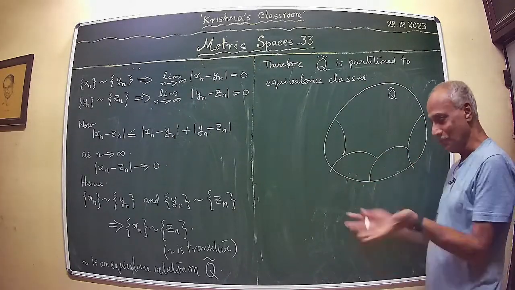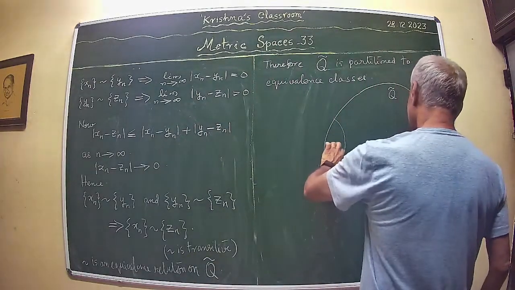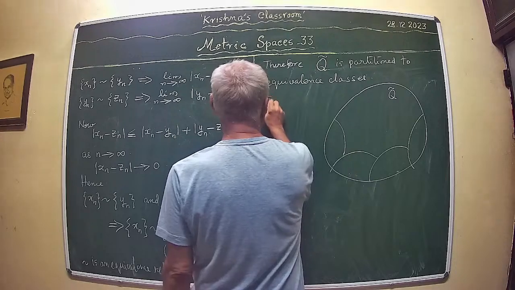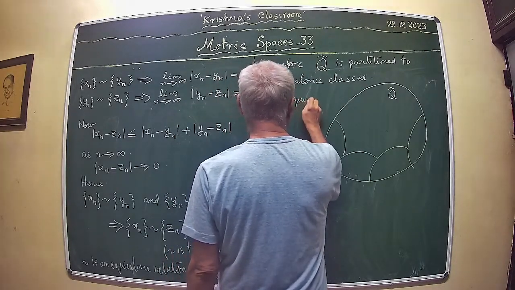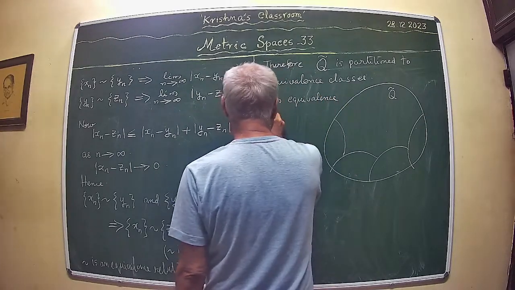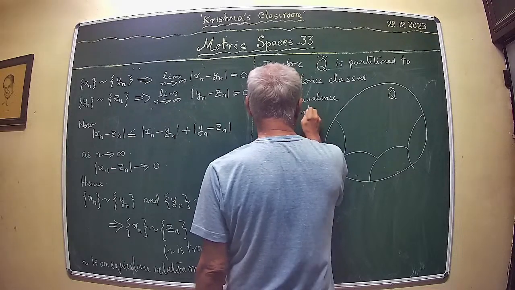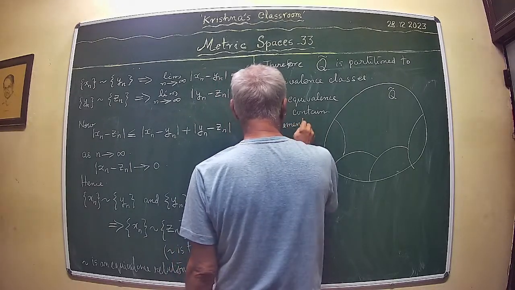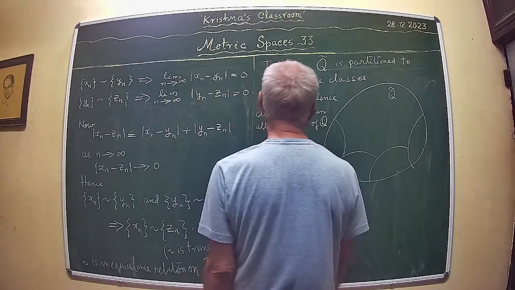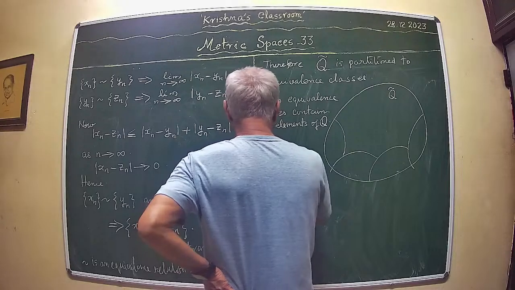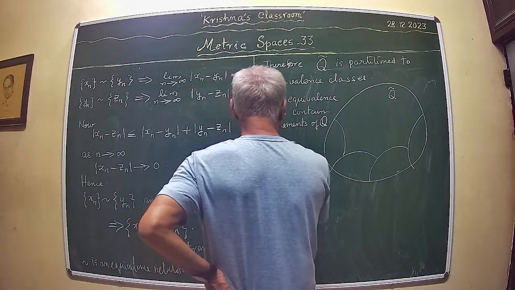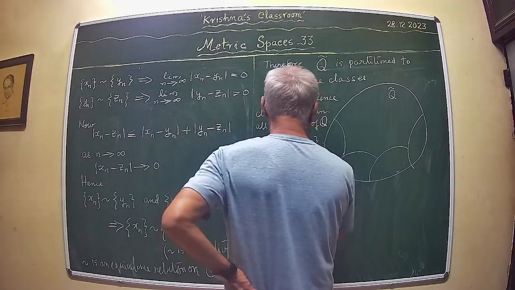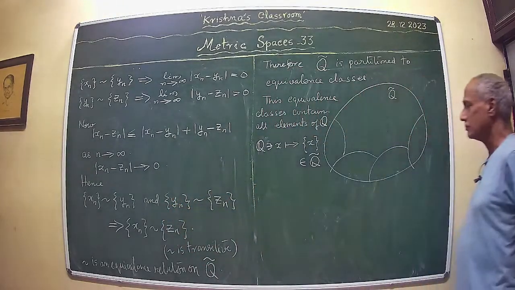Now what we prove is the following, that you get something extra than what we started with, Q. Okay? So these equivalence classes contain all elements of Q. How does it? So x, see, you have Q, x belongs to that, x is identified with the constant sequence x in Q tilde.